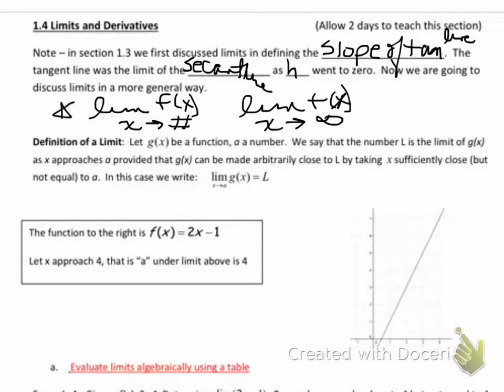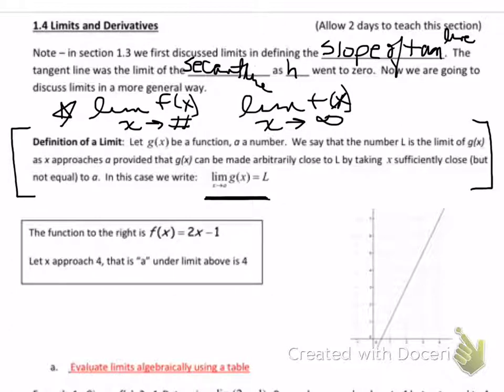Right now, we're going to work on the limit of f of x as x approaches a number. And we're going to do this by using the function below. I have our definition of a limit here, which I'm going to read to you. It'll become clearer as we use it. So the definition of a limit is, let g of x be a function and a a number.